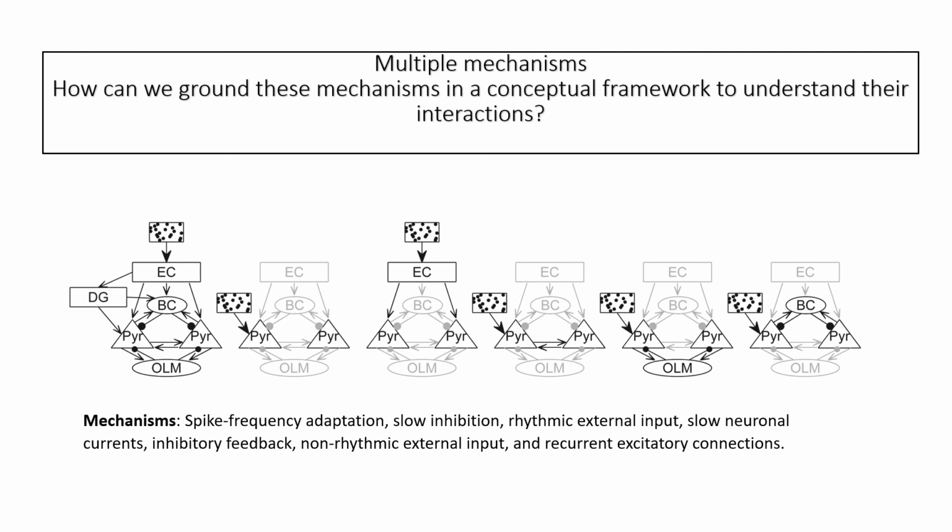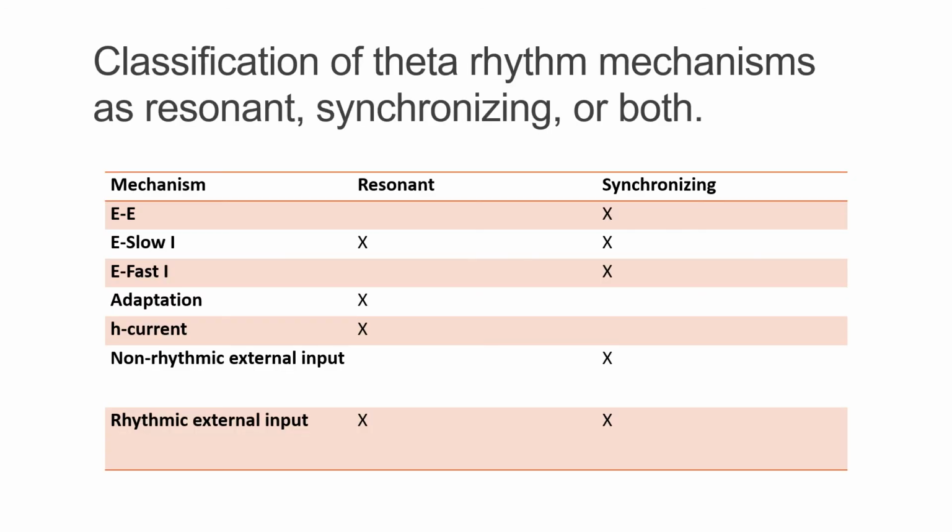So how can we ground these mechanisms in a conceptual framework to better understand their interactions? The answer to that question is what we've been working on, and what we came up with is we can start by classifying them as resonant or synchronizing.